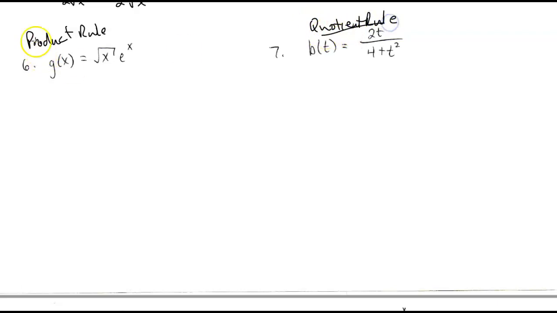For the product rule, I'll go ahead and rewrite it here. If we have the product of two functions and we take the derivative of it, we take the derivative of the first times the second plus the first times the derivative of the second.